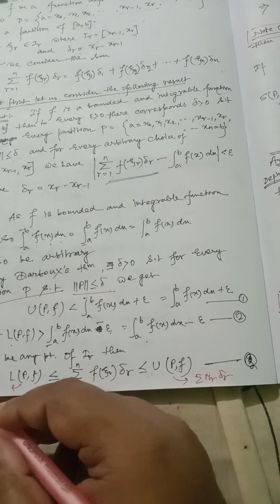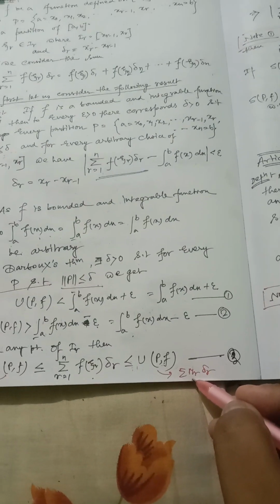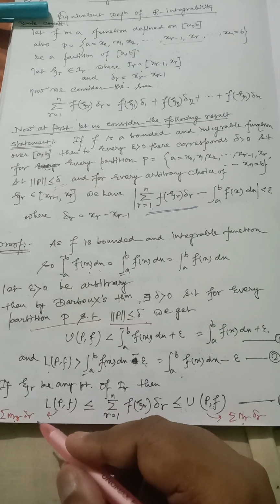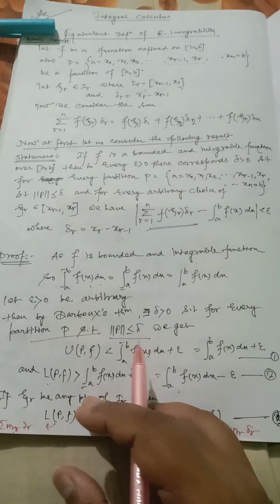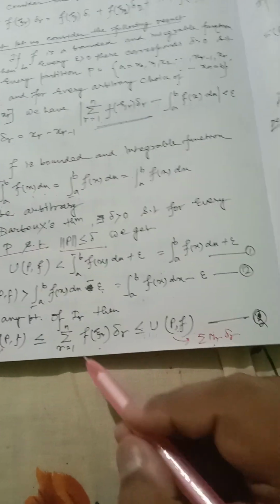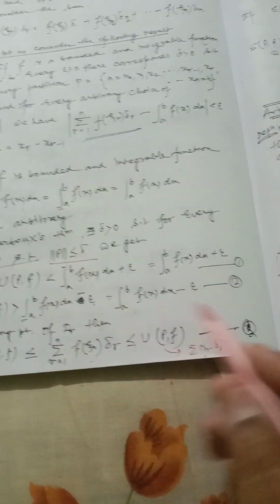So that's why we can say small m r must be less than or equal to f of xi r, which must be less than or equal to capital M r. Now multiplying each of these quantities by delta r and taking summation from r equals 1 to n, you will get equation number 3. Now from this particular equation you can see, just using the definition of L(P,f), what can you write?